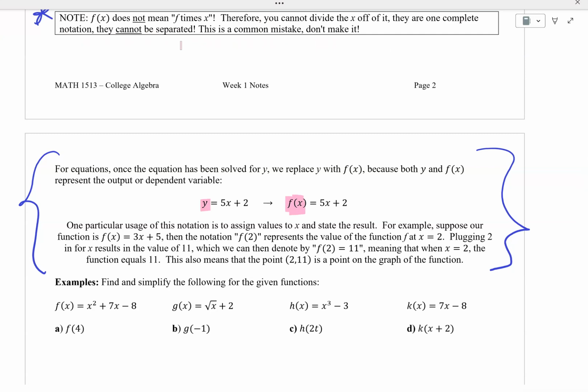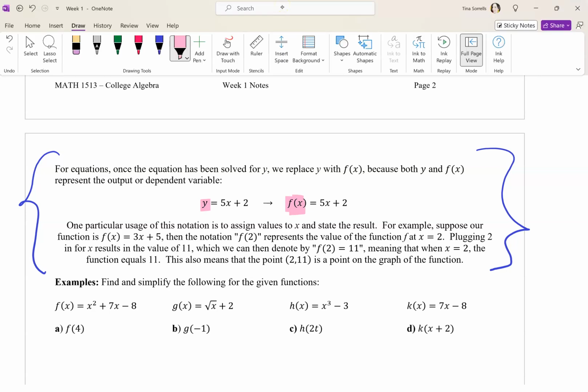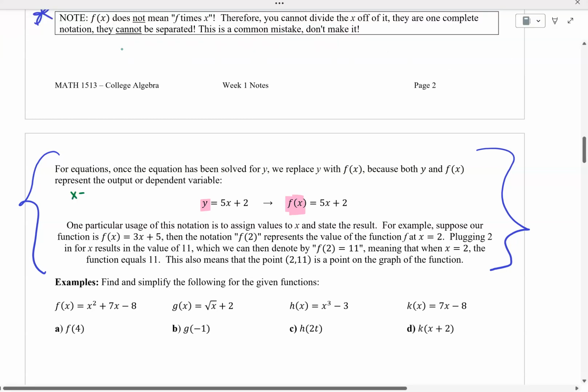If I was to ask you, and I'm going to forget about that example there, I'm just going to write one. Let's just make it easy. I'm going to tell you that x equals 1. That means I would plug in a 1 right here.